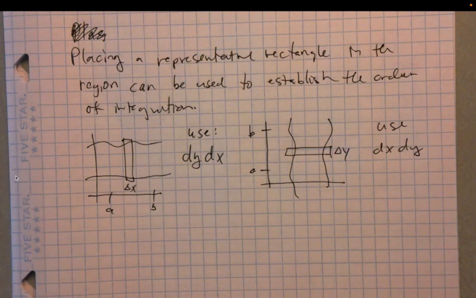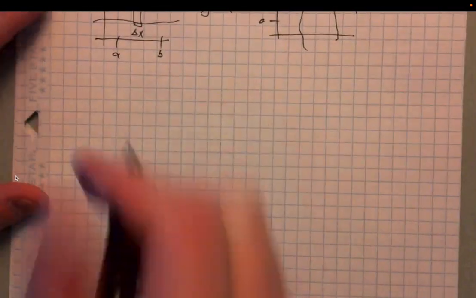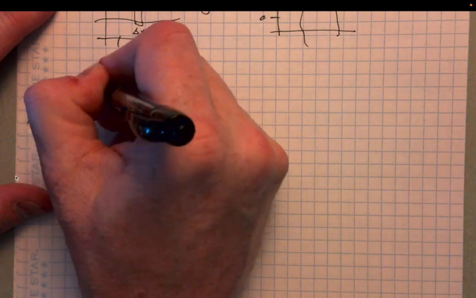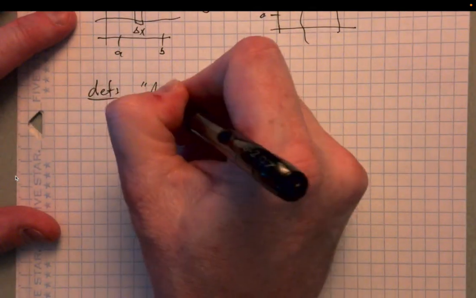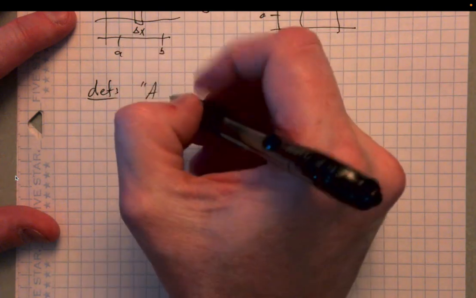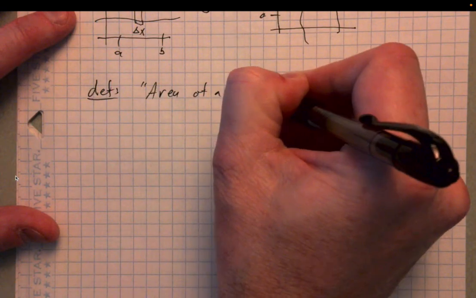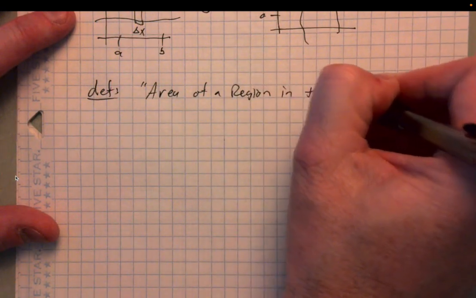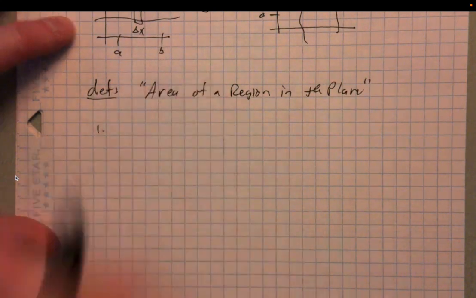Okay, let's take this idea and make it a little more formal by defining some of this a little bit tighter. This will be the definition of the area of a region in the plane. Two scenarios.